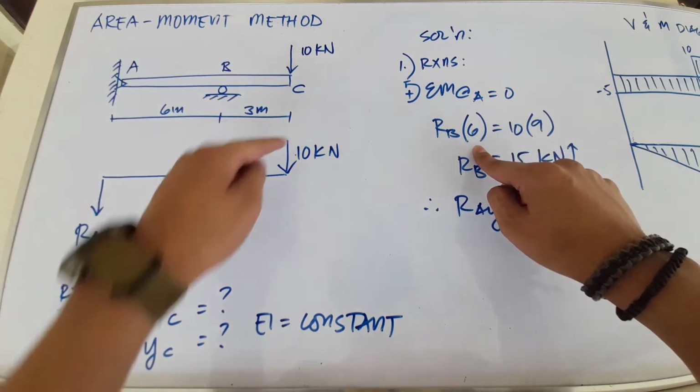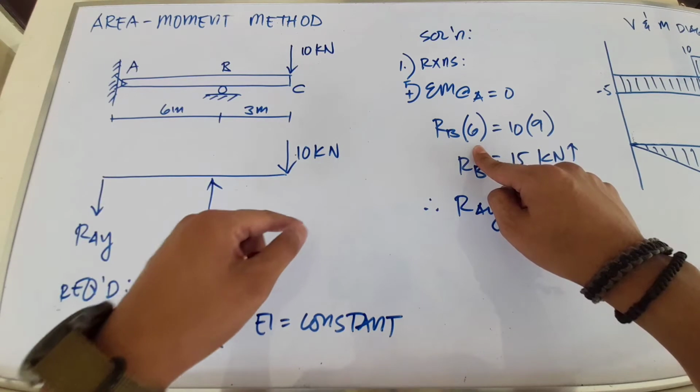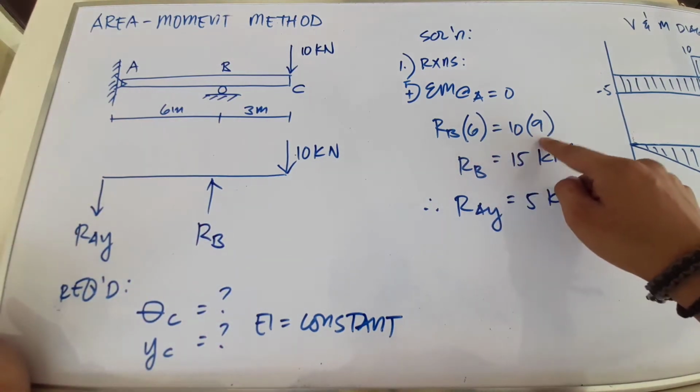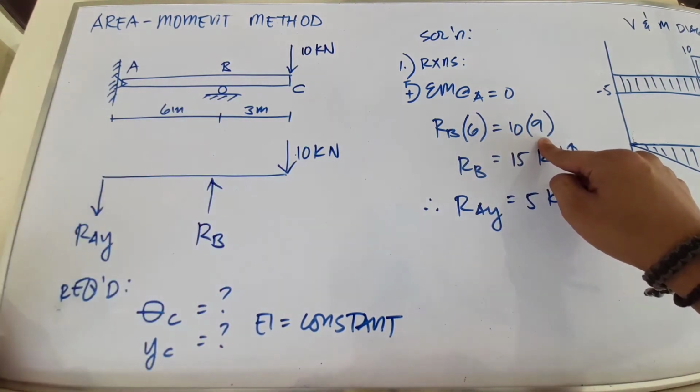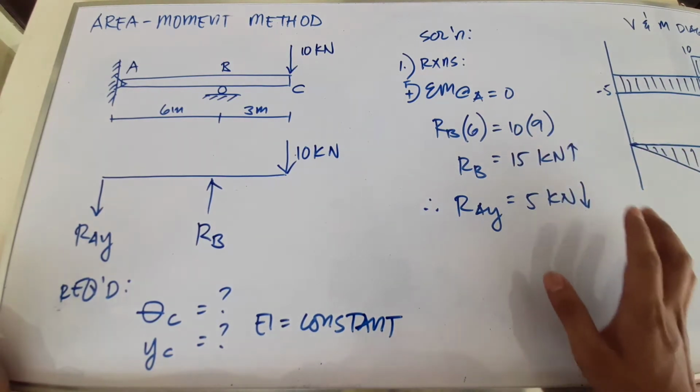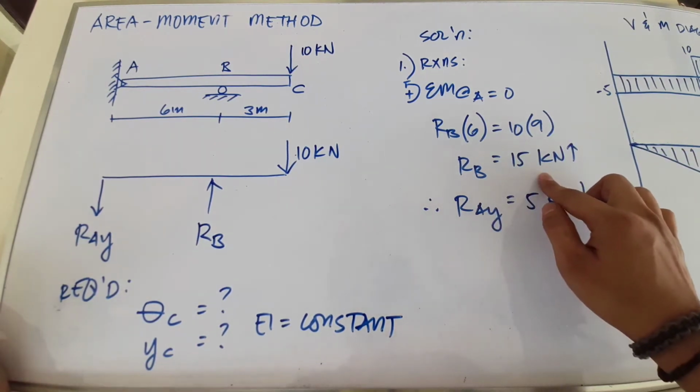And the 10 kN is in the opposite direction, which is clockwise. This one is counterclockwise. The moment arm is 6 plus 3, which is 9 meters. Okay? So, RB equals 15 kN, which is upward.